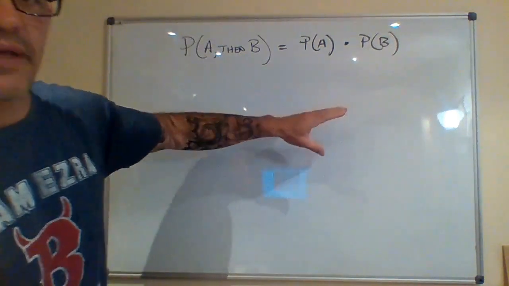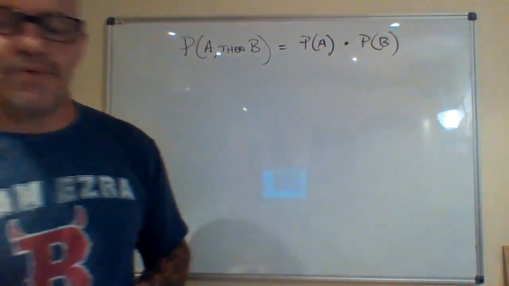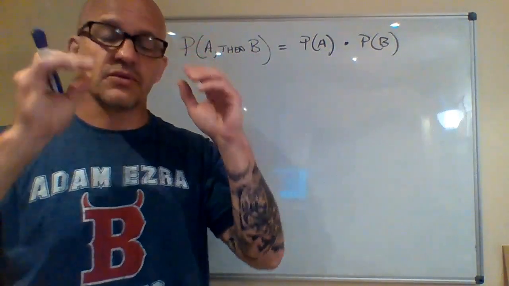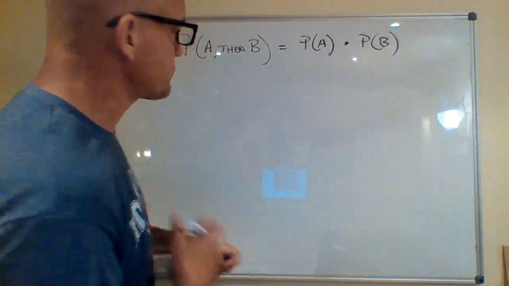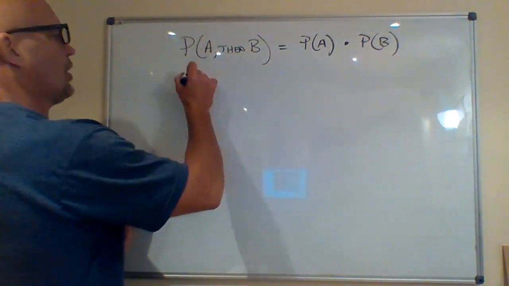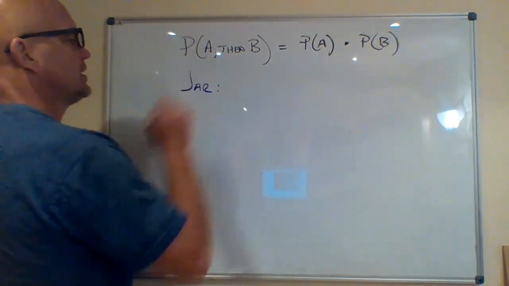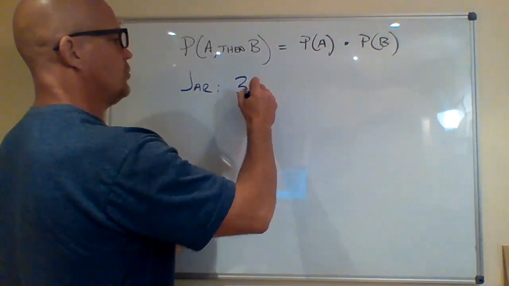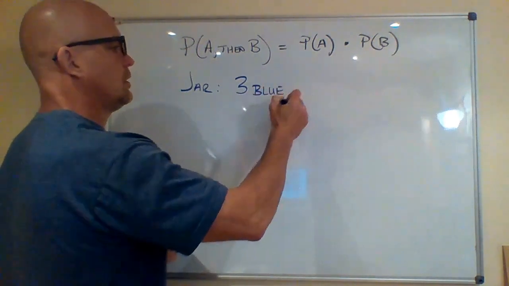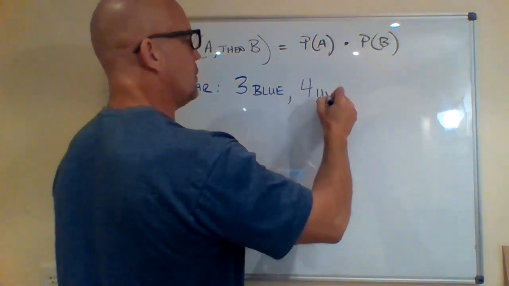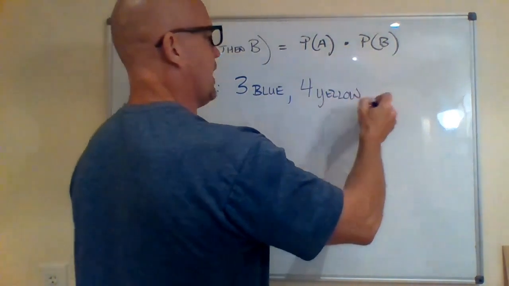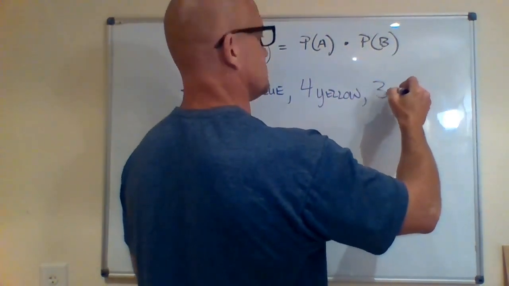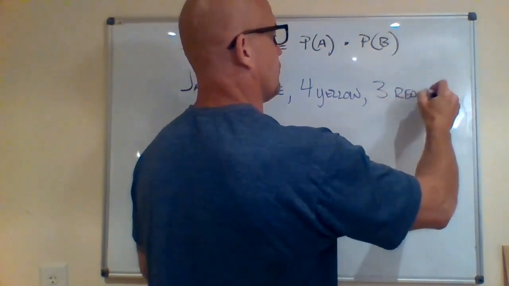Now, we'll do a real quick example, but one of the things we've got to keep in mind is whether or not what we're doing has replacement. Let me show you. So let's take a jar, and in that jar, let's have 3 blue, 4 yellow, and 3, let's say, red marbles.